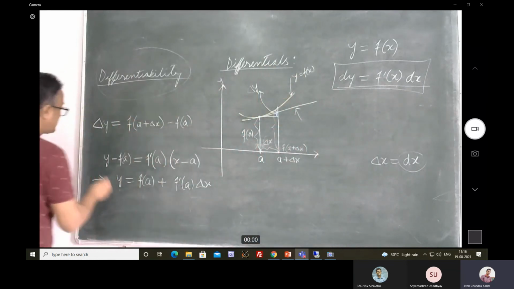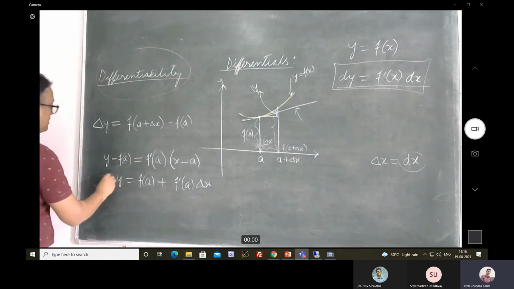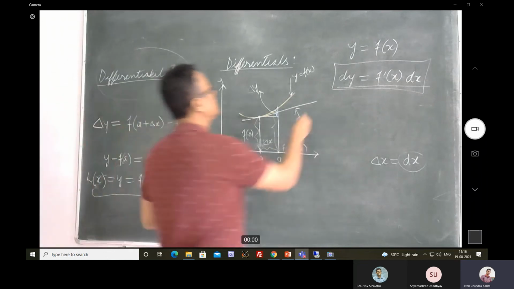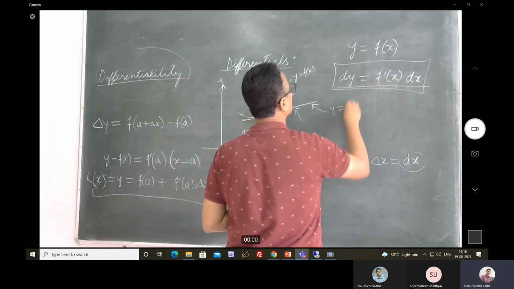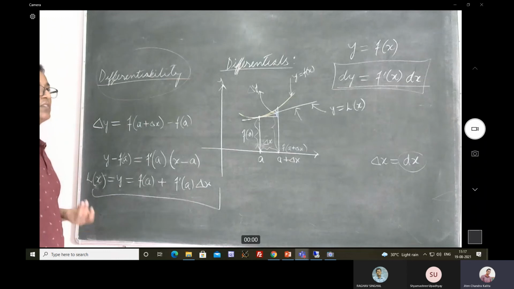Now let us define another function, say L of x, as this. This straight line defines the function y equal to L of x.